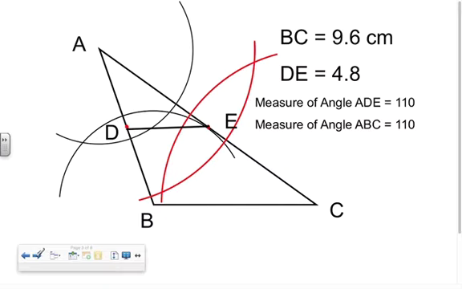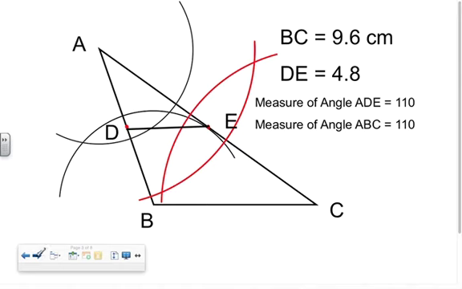What I did is find the line that would go through those two intersections, and in doing so, that line would pass through the midpoint of the side. So that's how I located the midpoints D and E of segments AB and AC respectively.